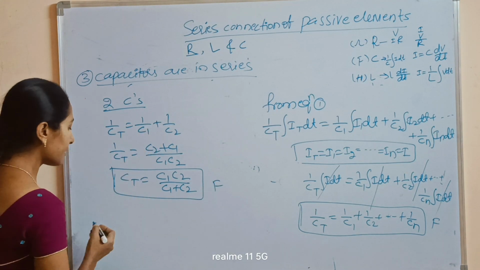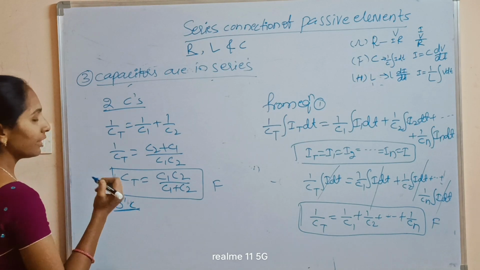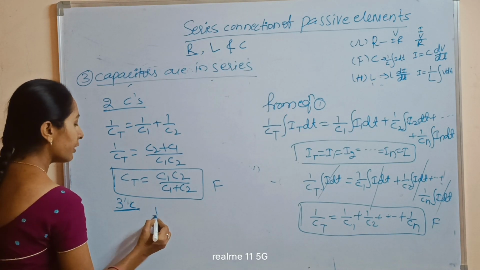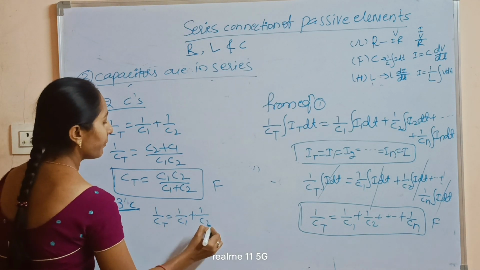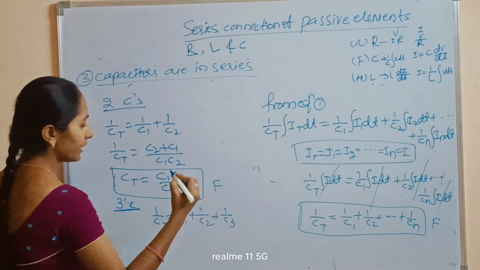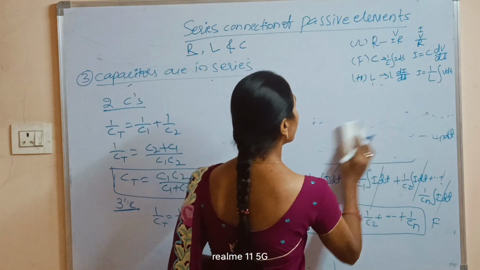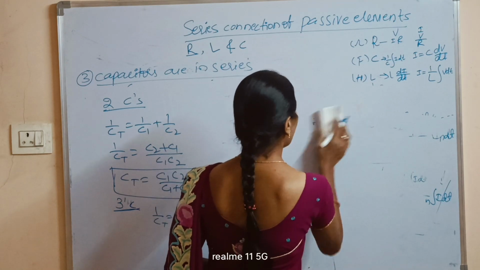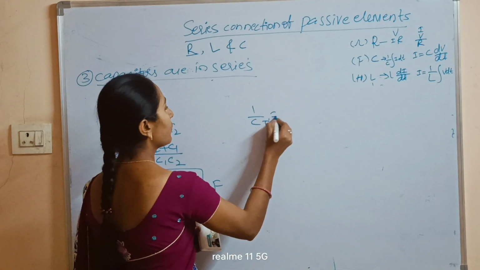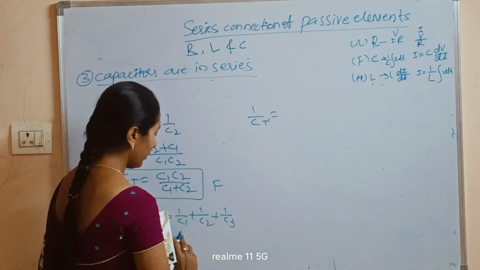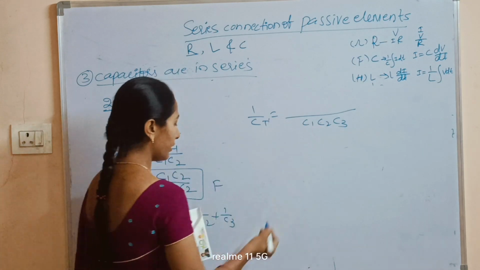Okay, if three capacitors are connected in series, what is the equivalent? 1 by C total equals to 1 by C1 plus 1 by C2 plus 1 by C3. Just do the LCM here. 1 by C total is equal to, LCM is C1, C2, C3.